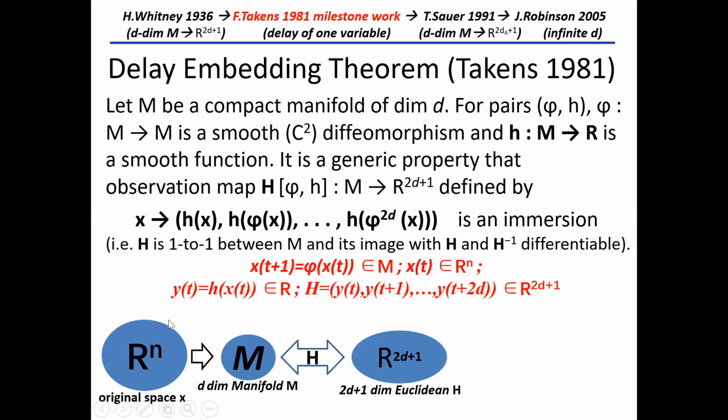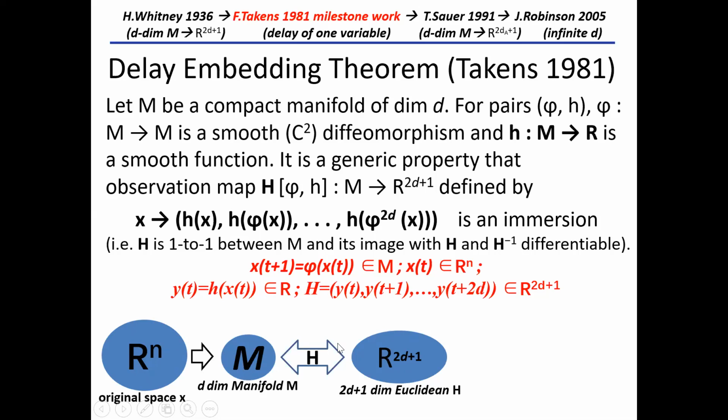Briefly, to summarize this theory: we have a high-dimensional nonlinear dynamic system. It actually runs in the steady state on a manifold, constrained on a low-dimensional manifold. This manifold can be represented by the 2d+1 Euclidean space.